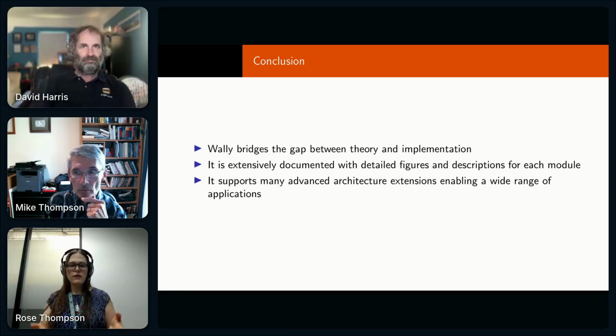Nearly every major module within the system has a detailed diagram. And importantly, it supports many of those advanced architecture extensions and features, making it useful for so many different applications. It's not just a little toy processor.